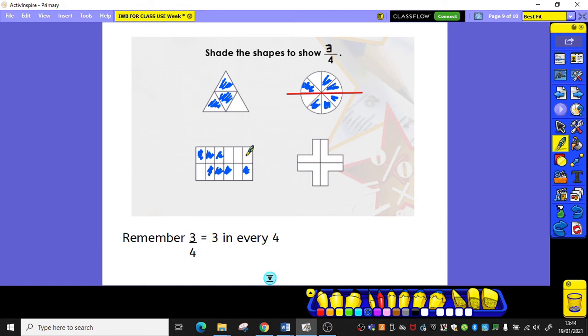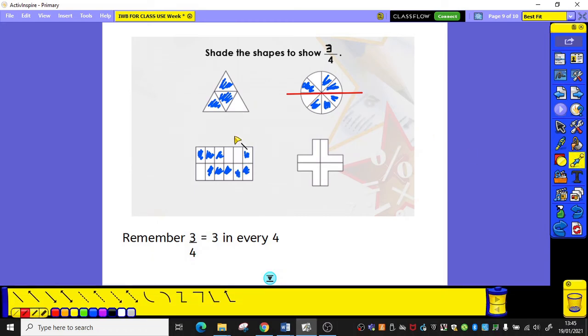Really important that I don't shade outside the fraction. And if I just cut that to show you again where I was visualizing that in my head. There's my 4 pieces. I've coloured 3 for every 4, and here I'm visualizing 3 for every 4 and 3 for every 4 parts just here.